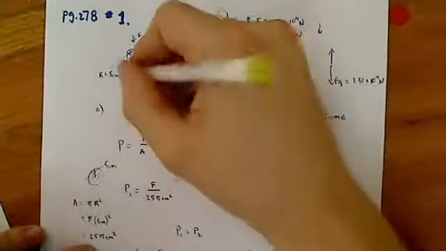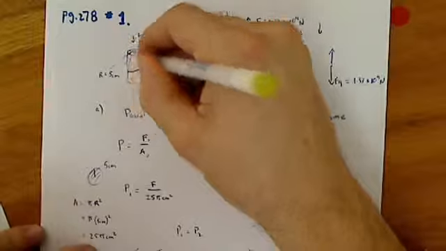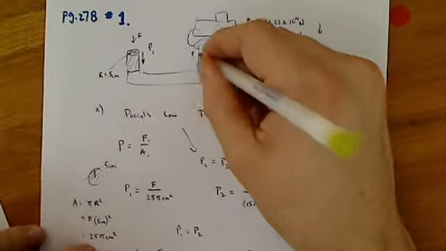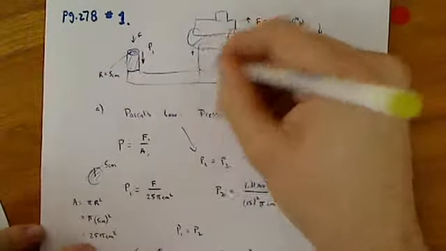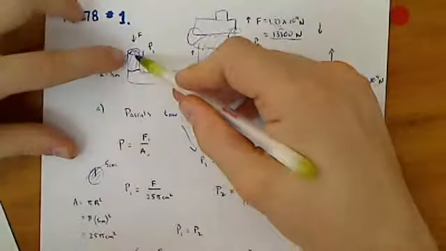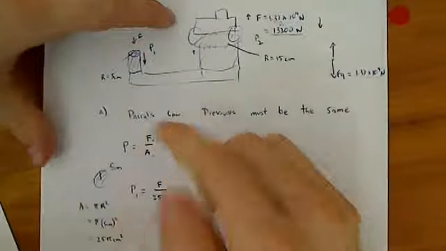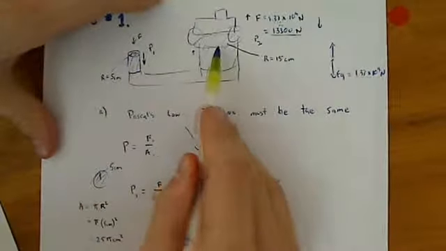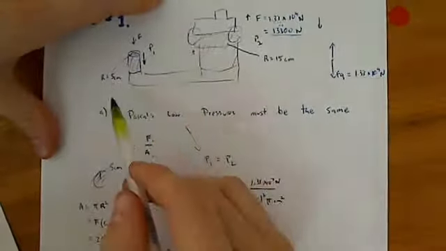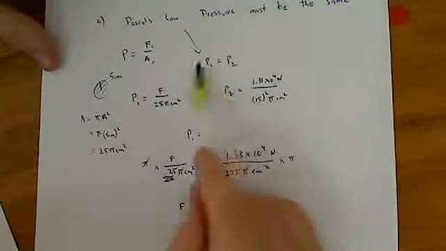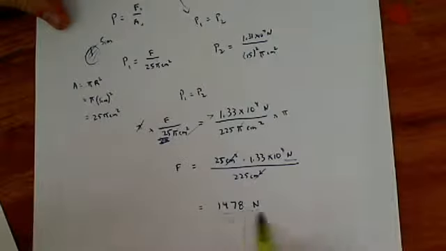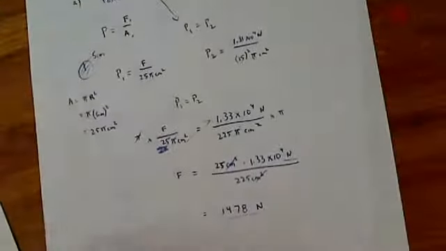If you think about how much volume of water is in this section versus how much volume is in this section, you'd have to move this all the way down just to get this to move up a little bit. So the amount of energy that you provide over here is the same as the amount of energy that you would get out over here. What's different is the two forces. Those are going to be different numbers. So you can see how this might be useful.